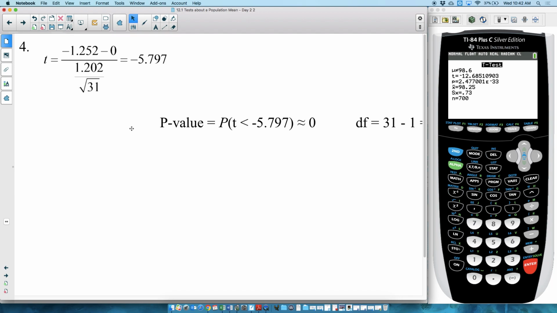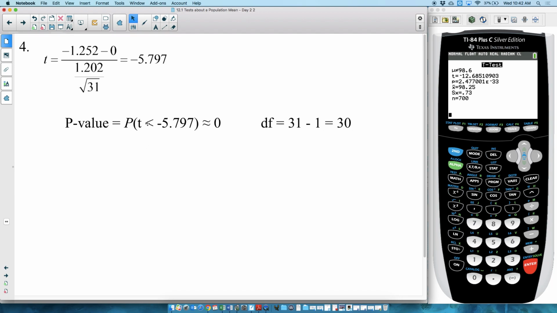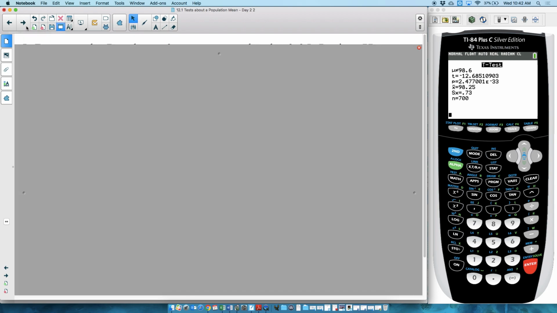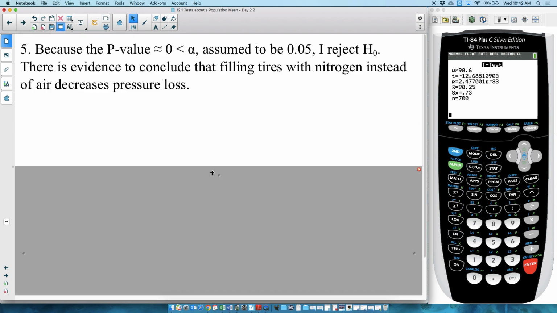And so then my p-value, because this is strictly a less than test, is just the probability that t is less than that value, which again came out to be about 0. And I state my degrees of freedom. So because the p is low, the H0 must go. Because the p-value, approximately 0, is less than alpha, assumed to be 0.05. Again, they didn't give me a value. I reject H0.